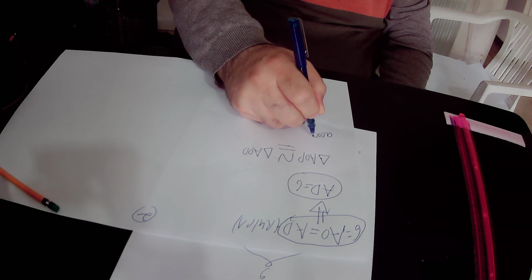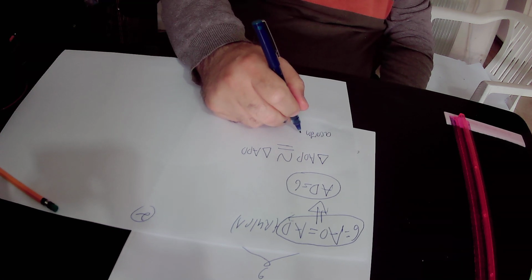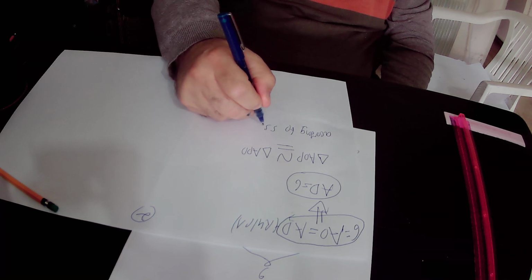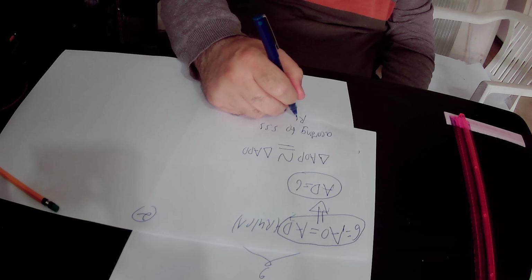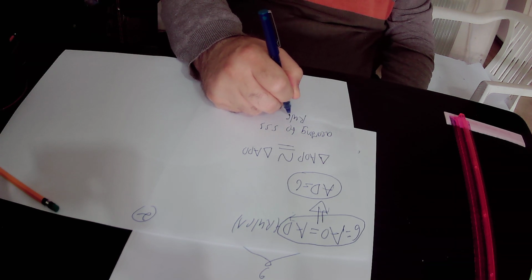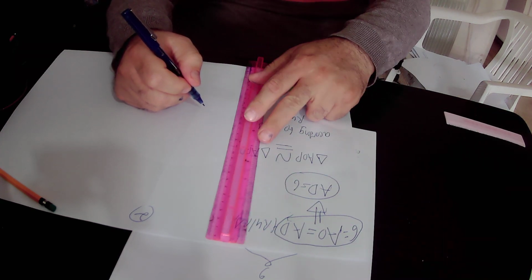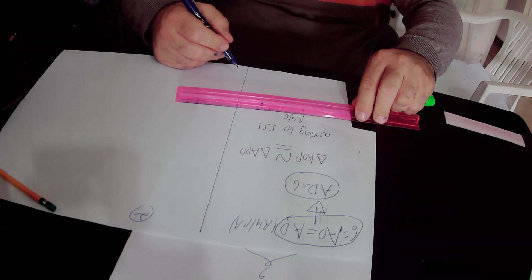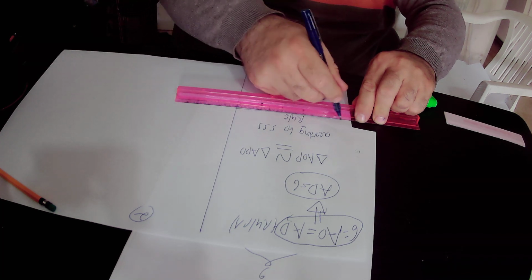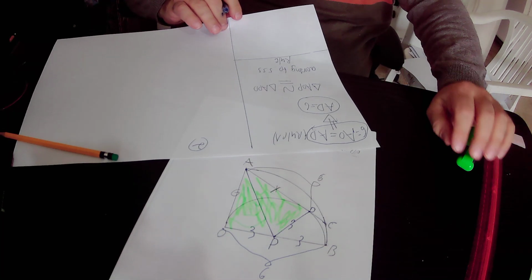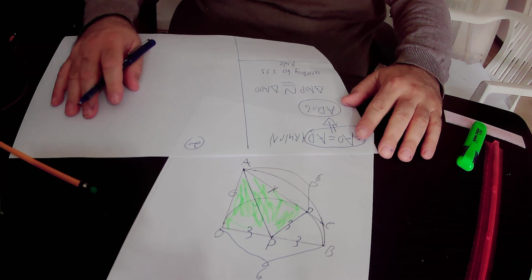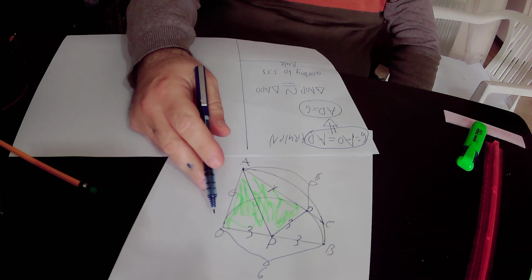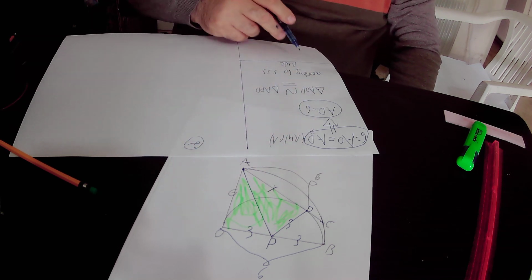according to the side rule. Okay. So actually, side AO equals side AD equals 6 units.